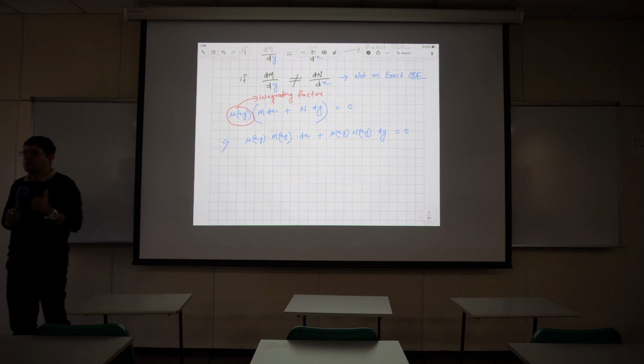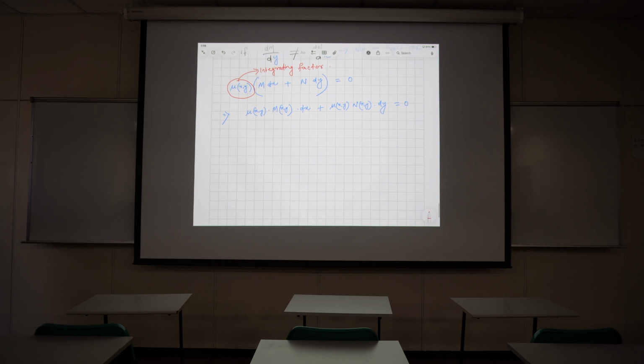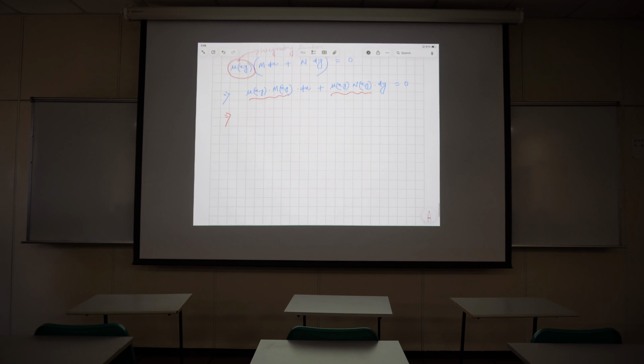Integrating factor mu is a special function that we use to convert a non-exact ODE to an exact ODE. So this integrating factor is a special function that we use to convert the non-exact ODE to an exact ODE.